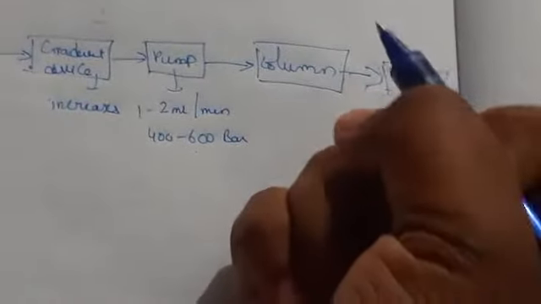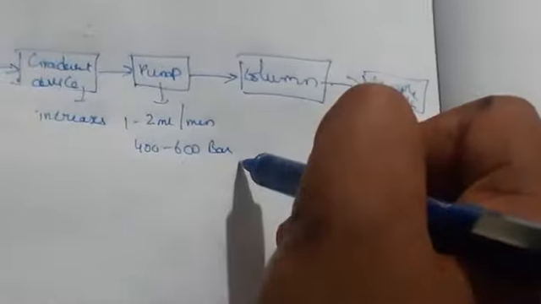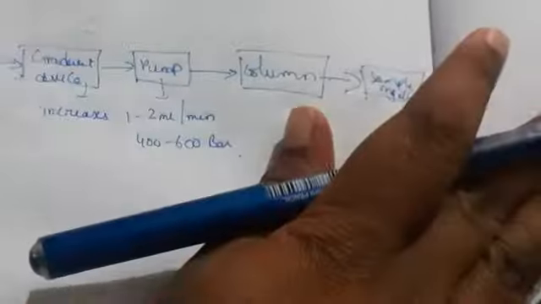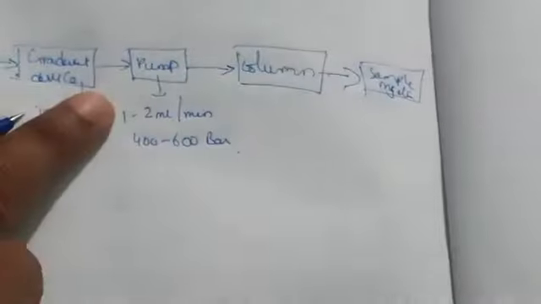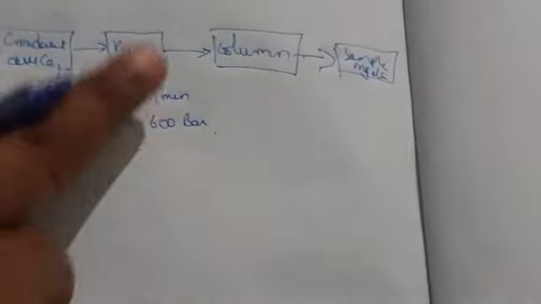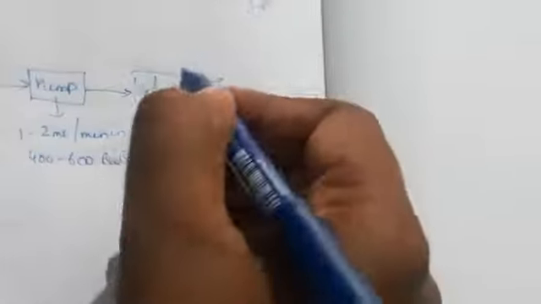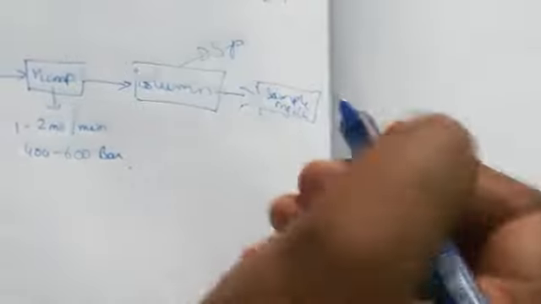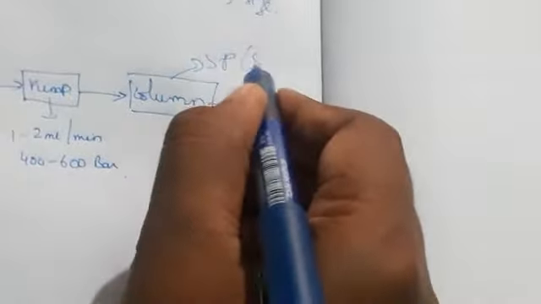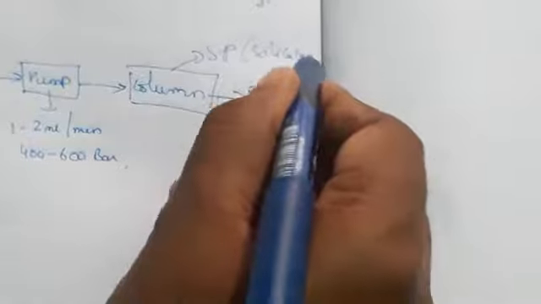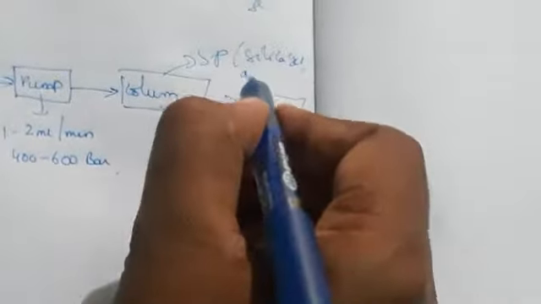How much can the pump take? At 400 to 600 atmospheric pressure, per 1 minute it takes 1 to 2 ml of solution only. Then the pressurized solution passes through the column, which contains a stationary phase. The stationary phase may be silica gel, or we can take alumina powder.